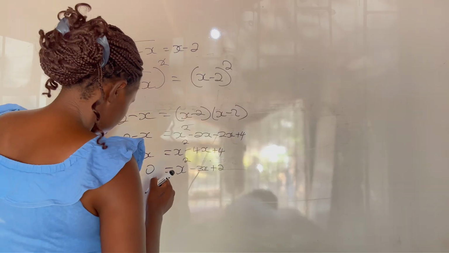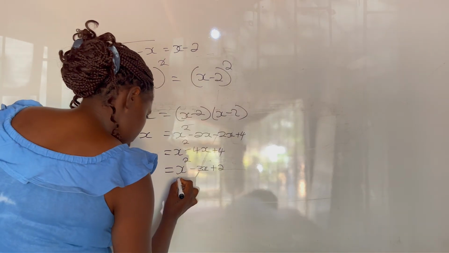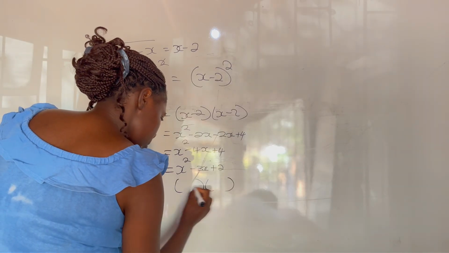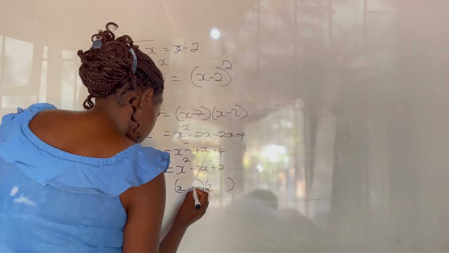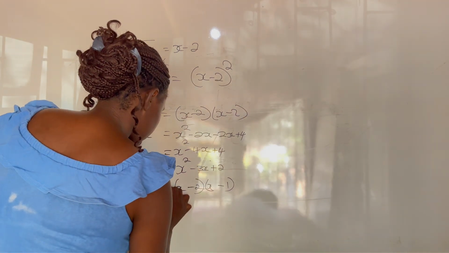Then here we're going to introduce the brackets, so it will be x and x. Then here we're going to place 2 and 1, so the signs will be negative.